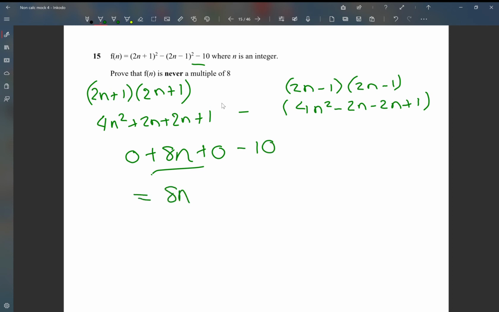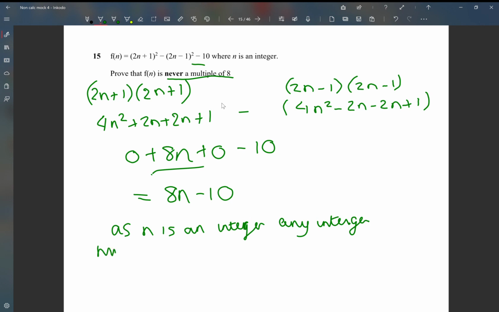So 8n minus 10. Now, this might give you lots of clues because it's never a multiple of 8. Well, it won't be, because as n is an integer, any integer multiplied by 8 will be a multiple of 8.